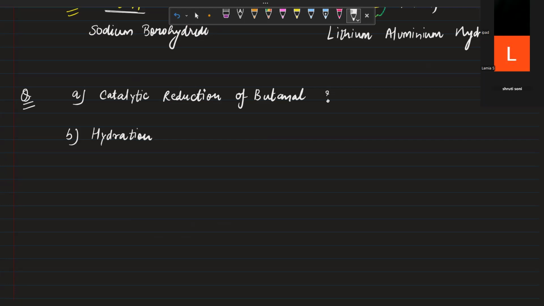In this first question, catalytic reduction of butanol, you need to proceed with the catalytic reduction of butanol, and give the IUPAC name of the product you obtain. Then, hydration of propene in the presence of dilute acid.